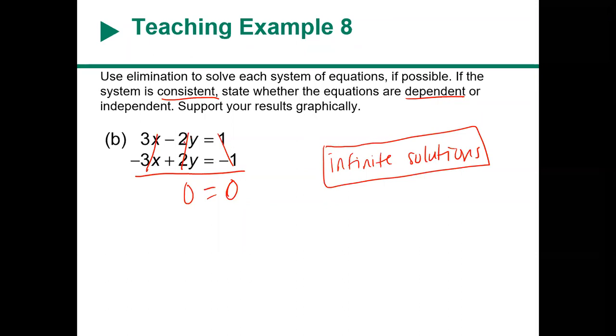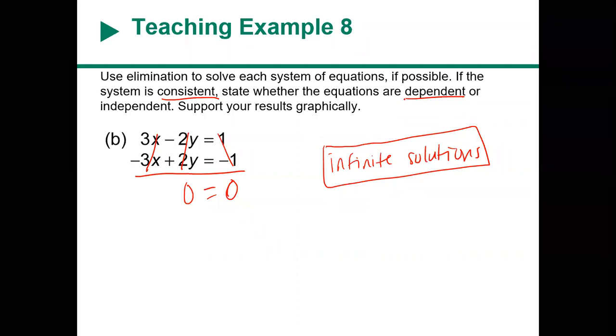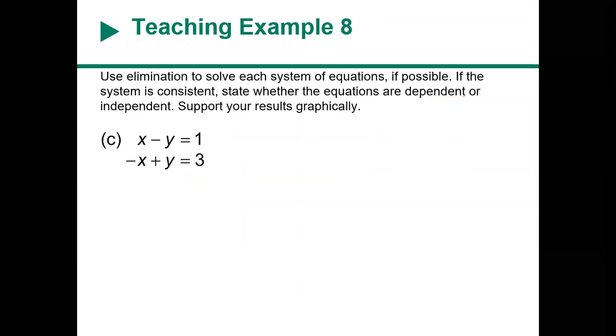Okay, so 0 equals 0, consistent and dependent, infinite solutions. Next, here, oh look, 0 equals 4. Well, that's not true. That's not a true statement.